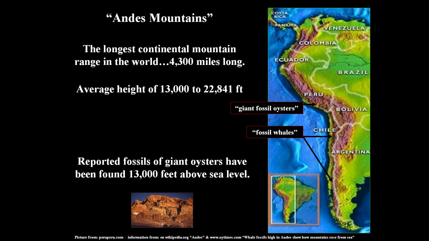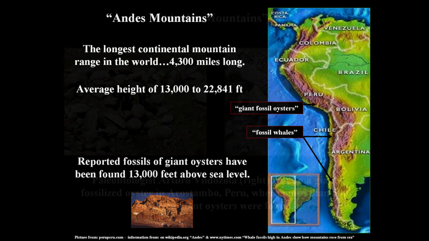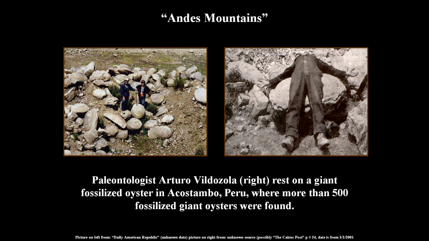Now, I'm going to show you what these are that they found, these supposed oysters, and I'm going to give you another interpretation of what I've been told they actually are.